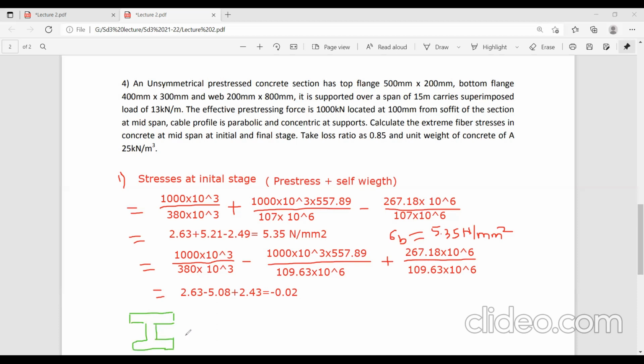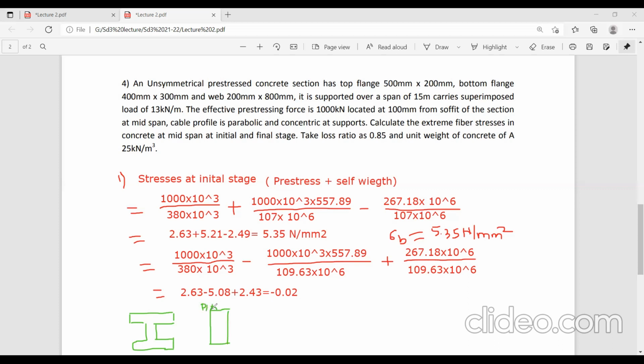So first of all, stress due to pre-stressing, direct stress. It will be 2.63, plus, at the top as well as at the bottom. It will be P by A. This value is P by A from both sides.